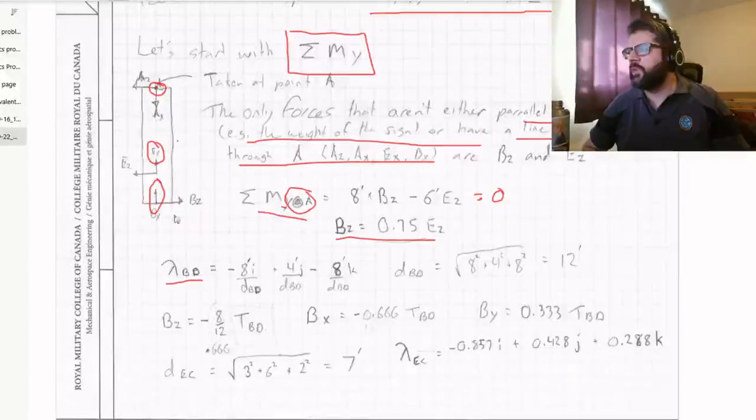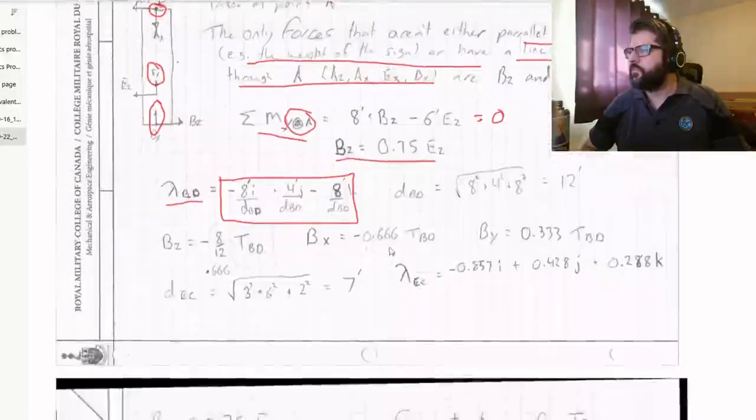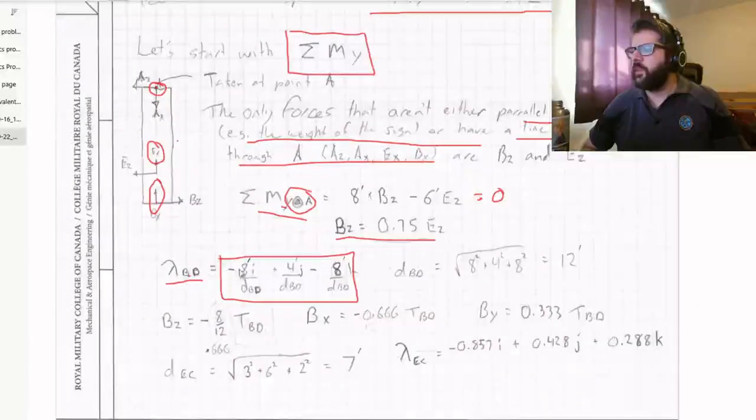For the cable BD, our unit vector is based upon, when we move from B to D, a negative 8 foot movement in the x direction, a plus 4 foot movement in the j direction, and a negative 8 foot movement in the k direction.